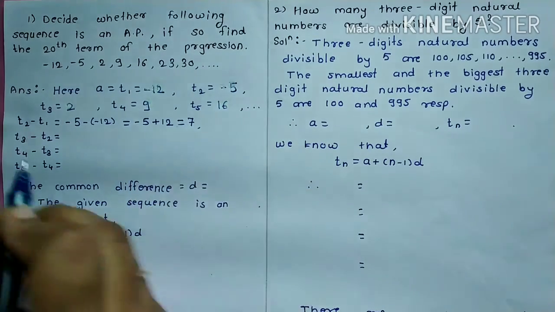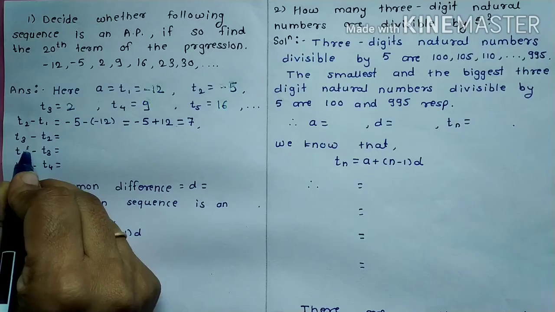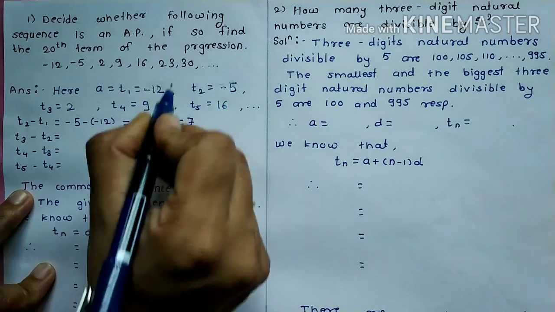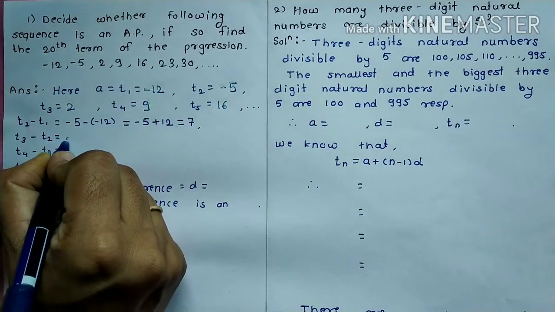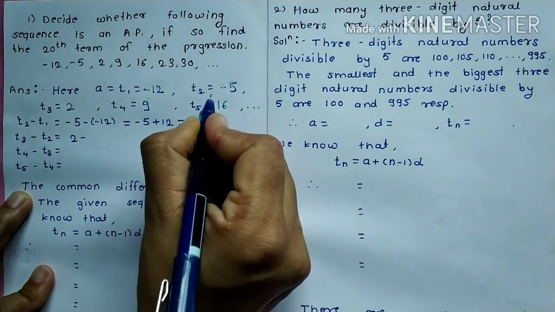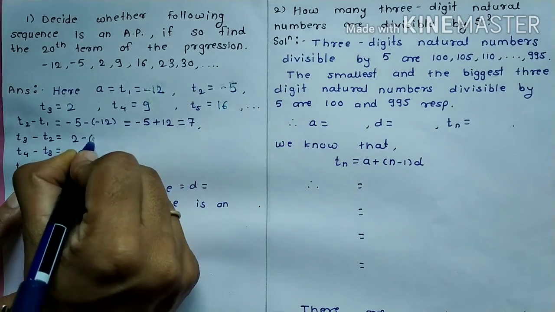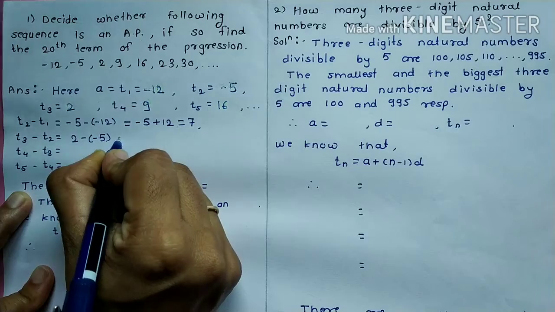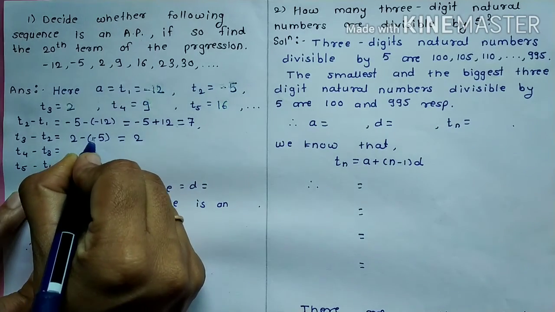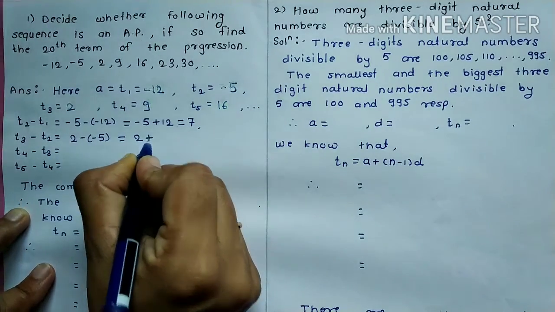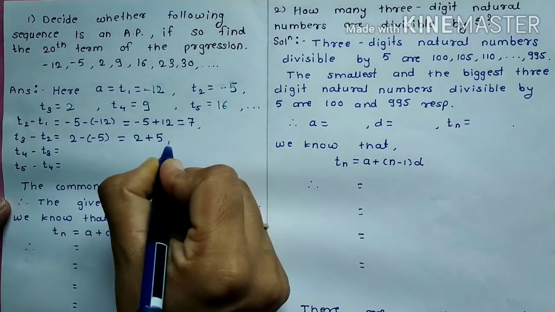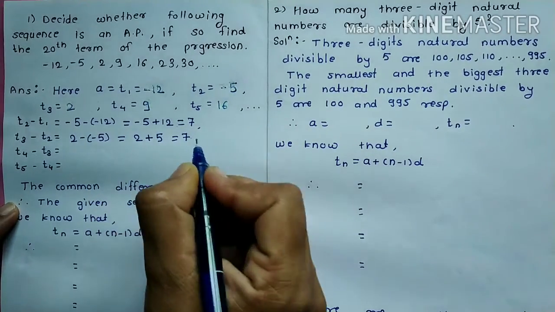Then the next difference, T3 minus T2. T3 is 2 minus T2, minus 5, equal to 2 plus 5, which is 7.